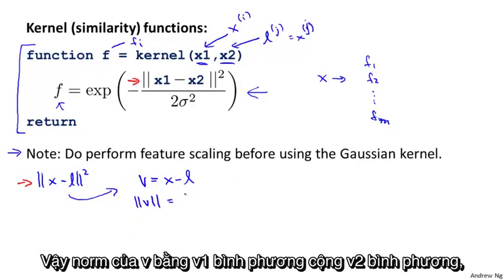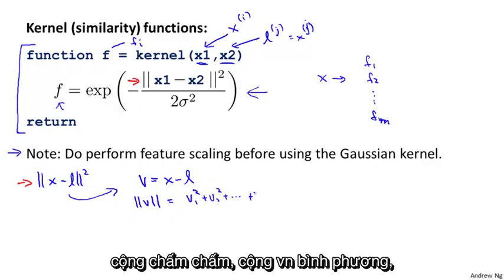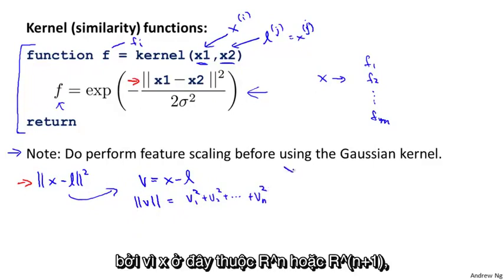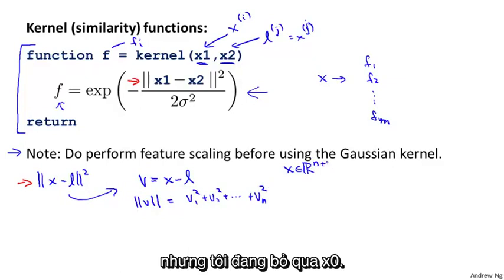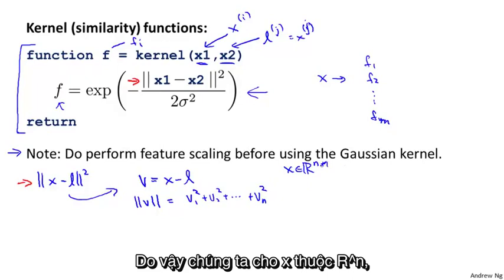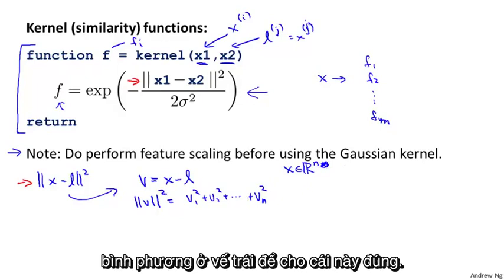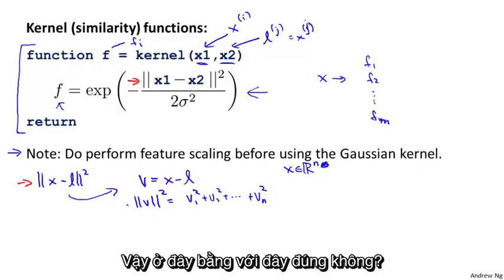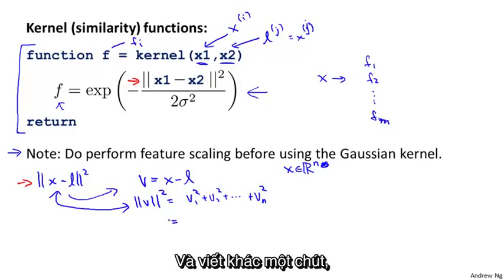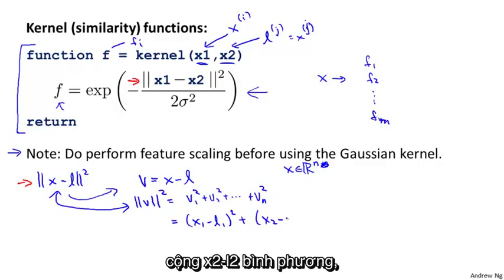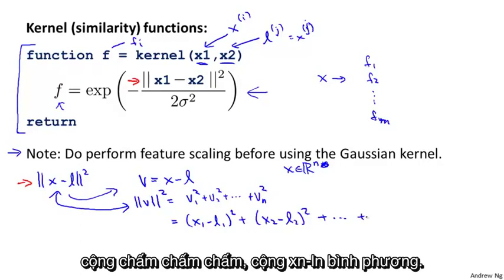And so the norm of v is really equal to v1 squared plus v2 squared plus dot dot dot plus vn squared, because here x is in Rn, or Rn plus 1, but I'm going to ignore x0. So let's pretend x is in Rn. And so, written differently, this is going to be x1 minus l1 squared plus x2 minus l2 squared plus dot dot dot plus xn minus ln squared.